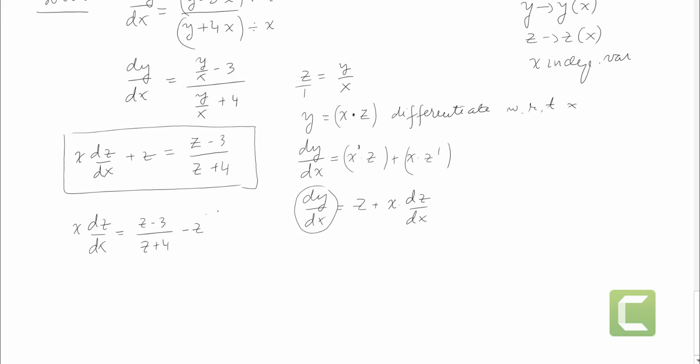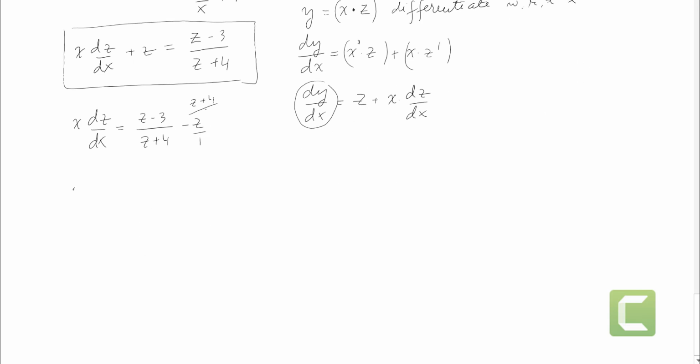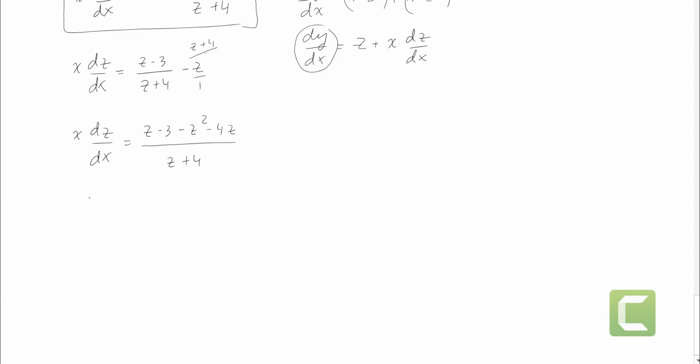I need to have the same denominator, so we multiply by z plus 4. We do a little bit of algebra and get z minus 3 minus z squared minus 4z, everything over z plus 4. So x dz/dx equals (negative z squared minus 3z minus 3) over (z plus 4).